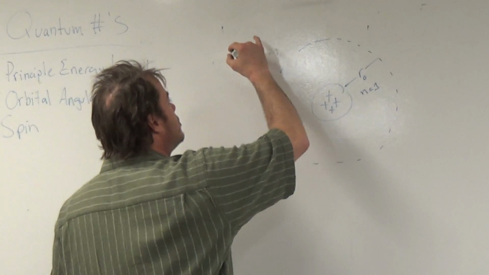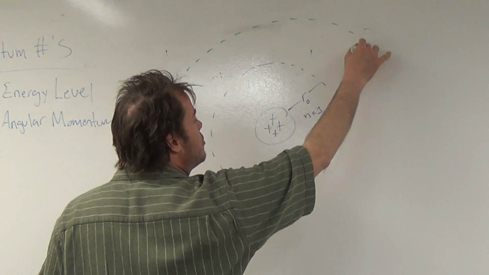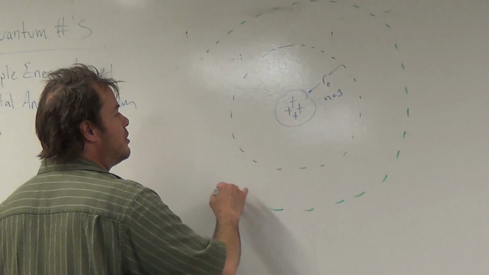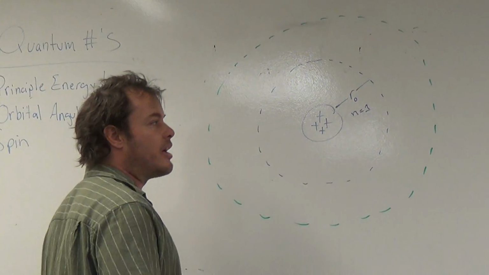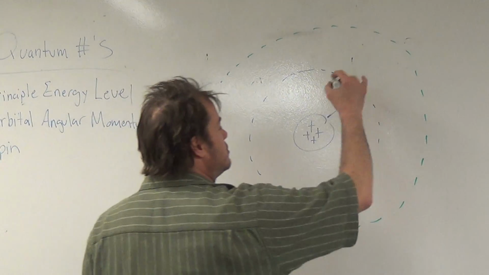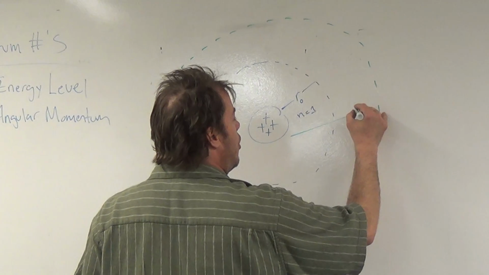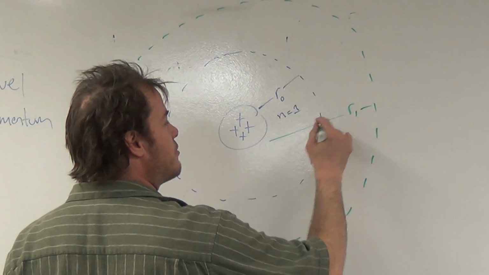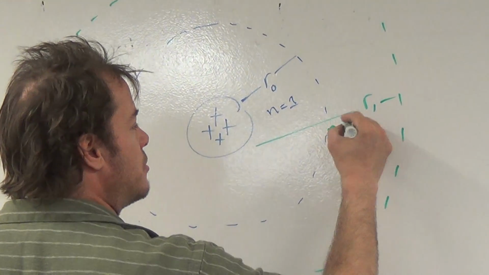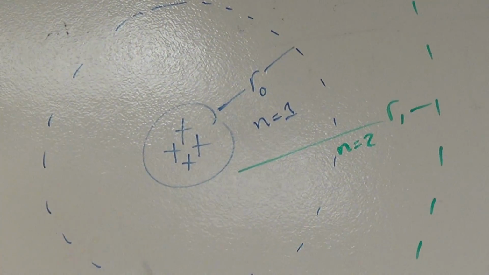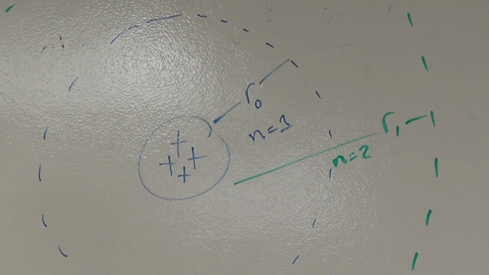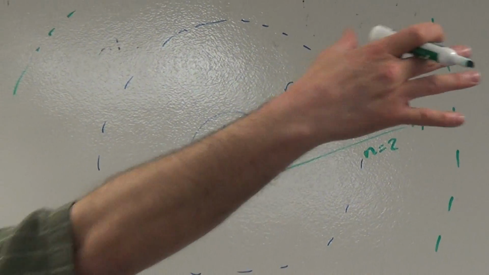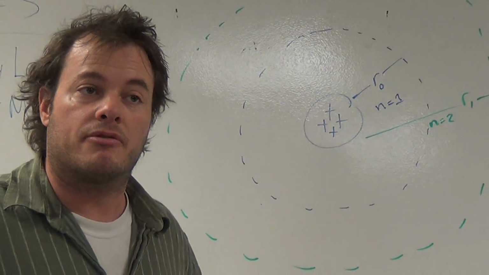The N equals 2 level also describes a volume around that nuclei, only the R is larger for that level. And so that volume, the N equals 2, represents a volume of separation from that nuclei that's on average further separated from the nucleus.